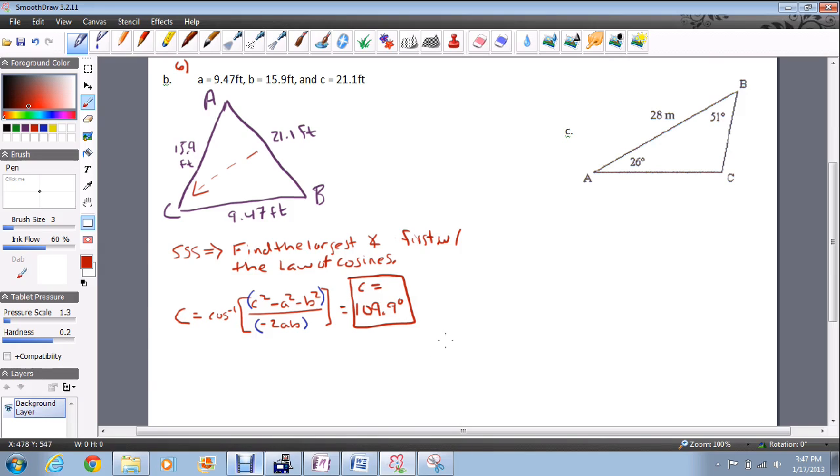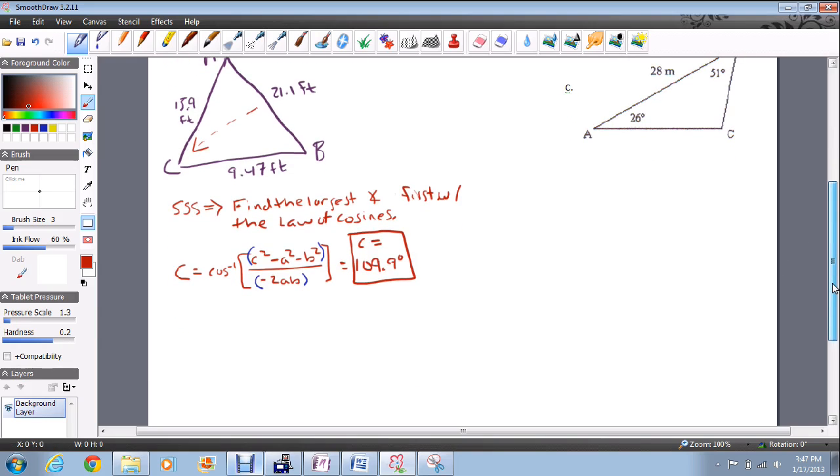So then in order to figure out the other missing angles, first I'm going to use the law of sines, and then I'm just going to use the angle sum formula, which just tells us that all the angles have to add up to 180. So if I use the law of sines, I'll figure out what angle B is first, just by preference. You don't have to do it in any particular order.